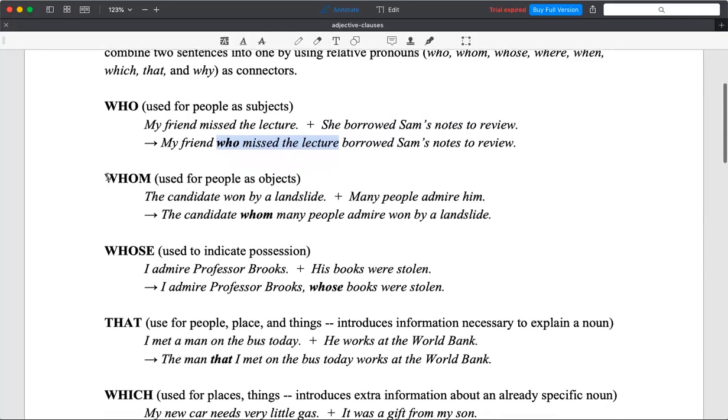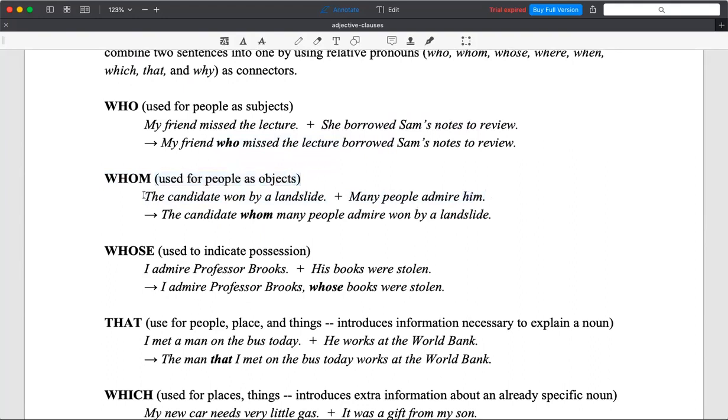You can use whom for the object case. For example, if you have a sentence, the candidate won by a landslide, my second short sentence is, many people admire him. I need to create an adjective clause. Instead of him, I would say whom, because whom is the pronoun that is replacing the object.